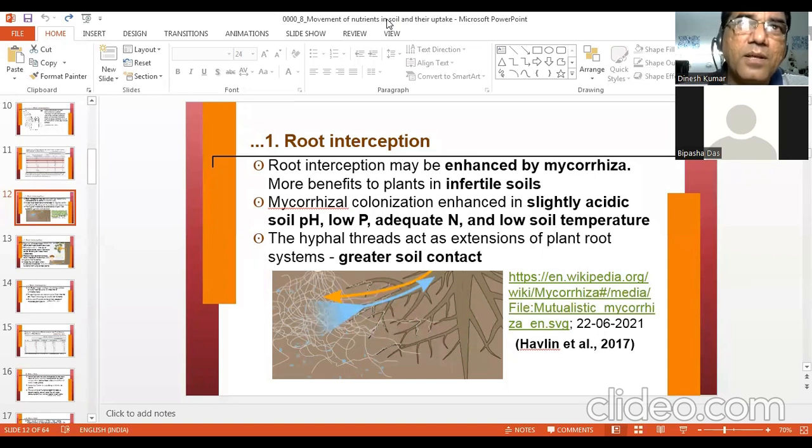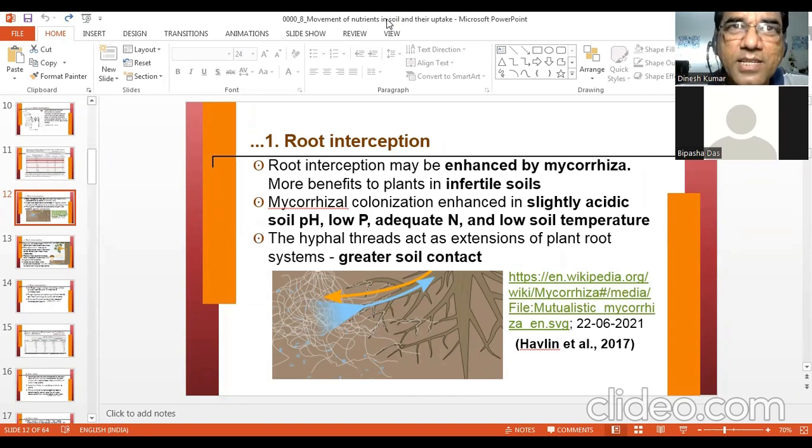So what happens? Most of their part enters the plant cells through intercellular spaces. So they are actually intracellular. They enter the cell itself. They enter into the cell parts and there they make certain bodies. Those bodies are called arbuscules, which are the exchange site.